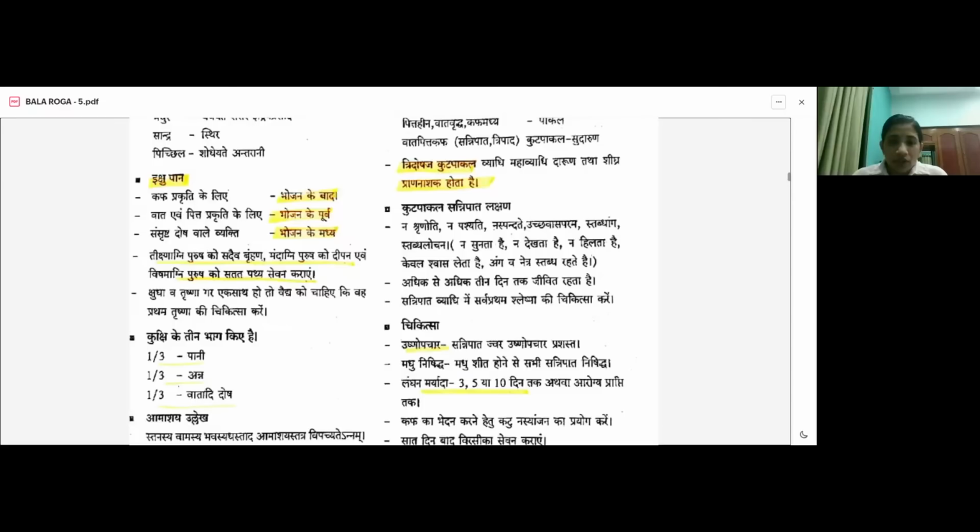Okay, using wholesome food is recommended in Vishamagni cases. And the next point, that is Kukshi teen bhag, 1/3 for Pani and 1/3 for Anna, 1/3 for Vatadi Dosha. So it's also important. Okay.